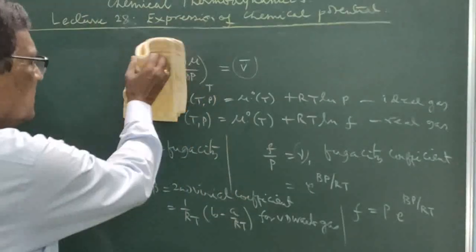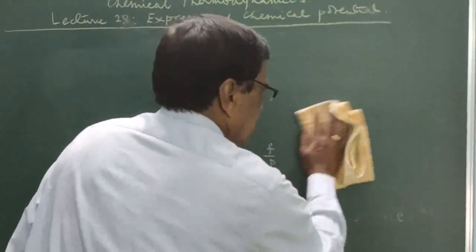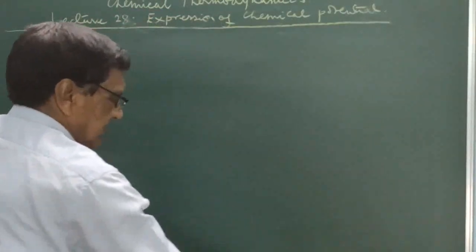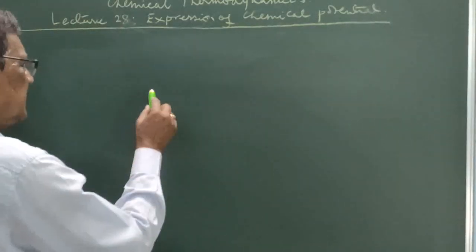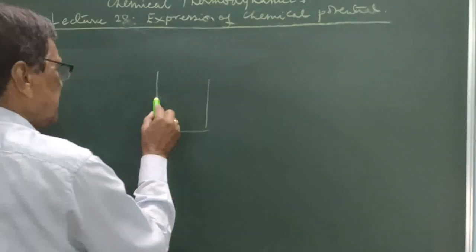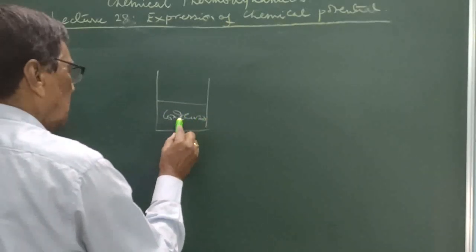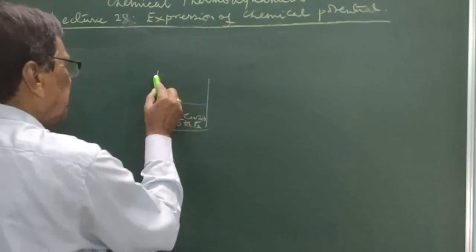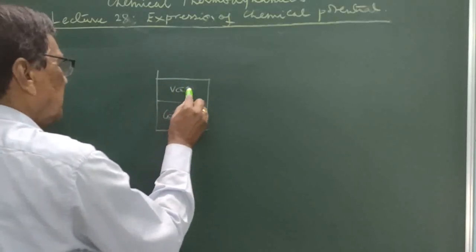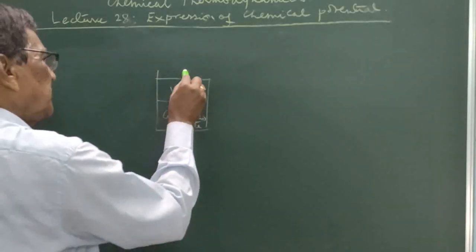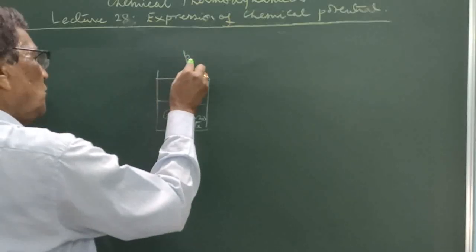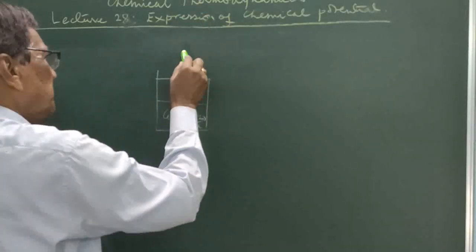Another term I can also use for the condensed state. Suppose for this liquid or solid, here it is the condensed state, and here it is the vapor. So the vapor pressure P is the vapor pressure.